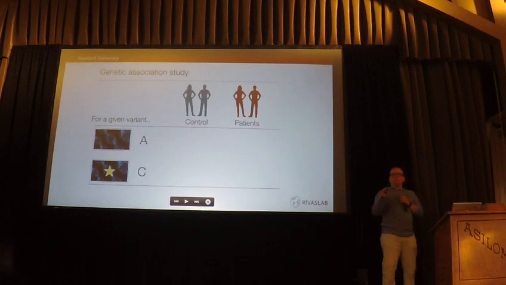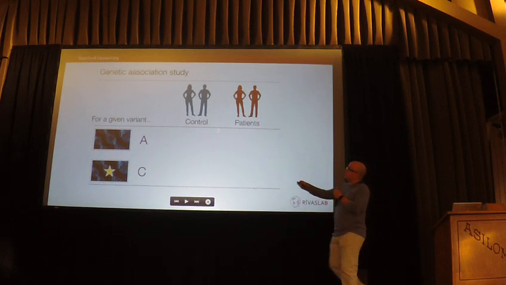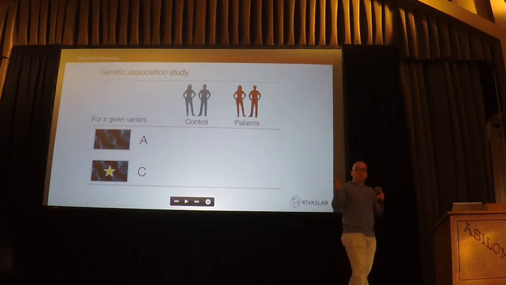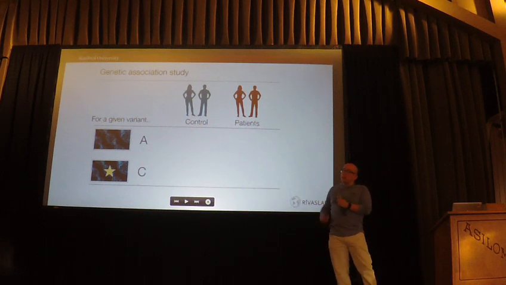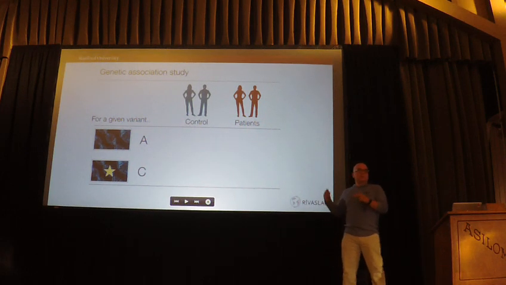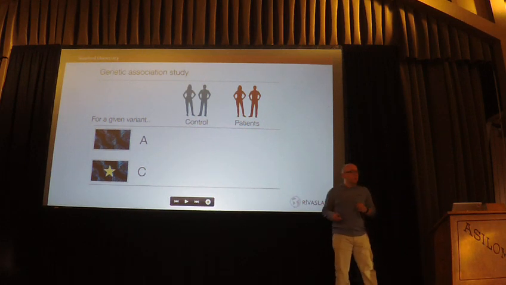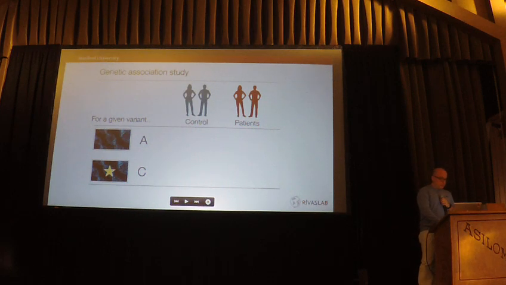Just to give you a high-level overview of what a genetic association study is: you typically collect a lot of individuals that don't have the disease, and you label them as controls. You also collect research participants that have the disease, and you consider them, quote-unquote, patients in your case-control group.